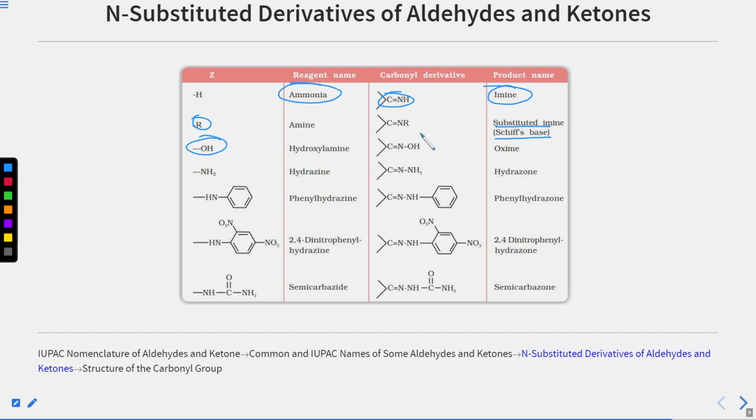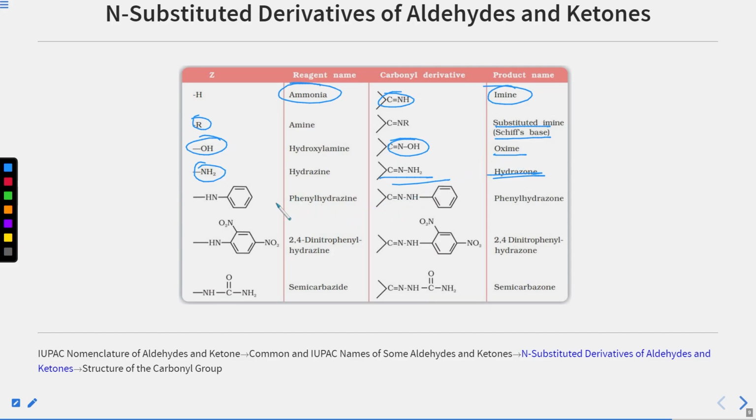Now what will happen if it is an OH? If we replace the oxygen double bond O with NOH, NH2OH being the reagent, we get this compound. It's called oxime. Similarly with NH2NH2, you will call it hydrazone.